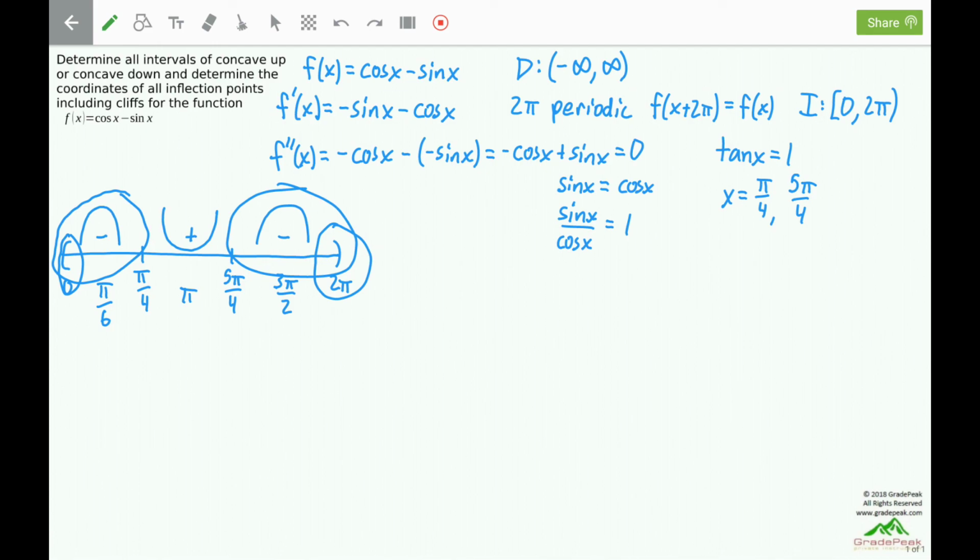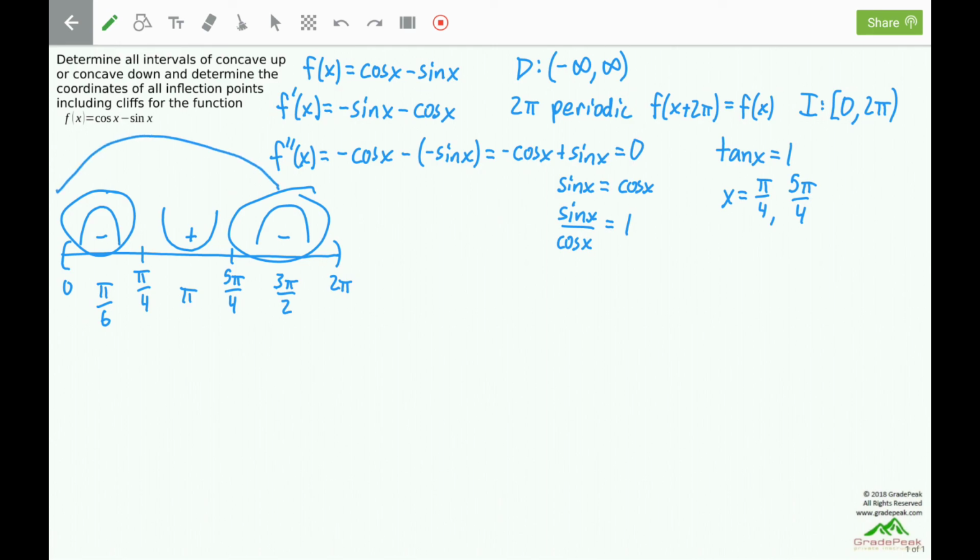And what that means, since 0 is included, it completely closes it off, and this concave down and this concave down interval will connect together with each other. This one will exist over here to the left of it with an interval width of 5 pi over 4 to 2 pi. 5 pi over 4 to 2 pi can be written as 8 pi over 4, is an interval width of 3 pi over 4.